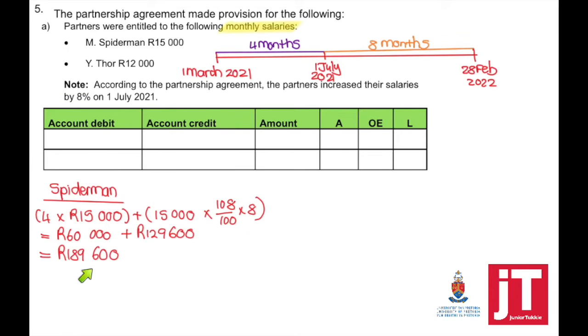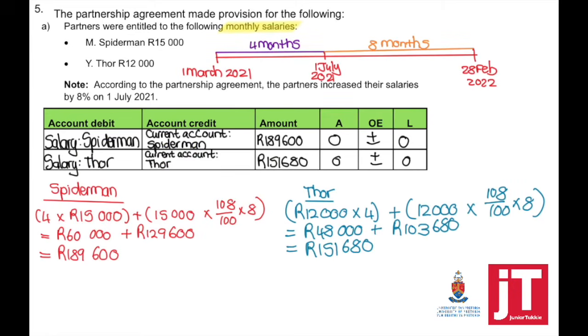This equals the total salary allowance. If we look at 4, again, we're going to first look at the monthly salary times 4, and then for 8 months, it will be 12,000 times 108 divided by 100. So the total salary for 4 is 151,680.